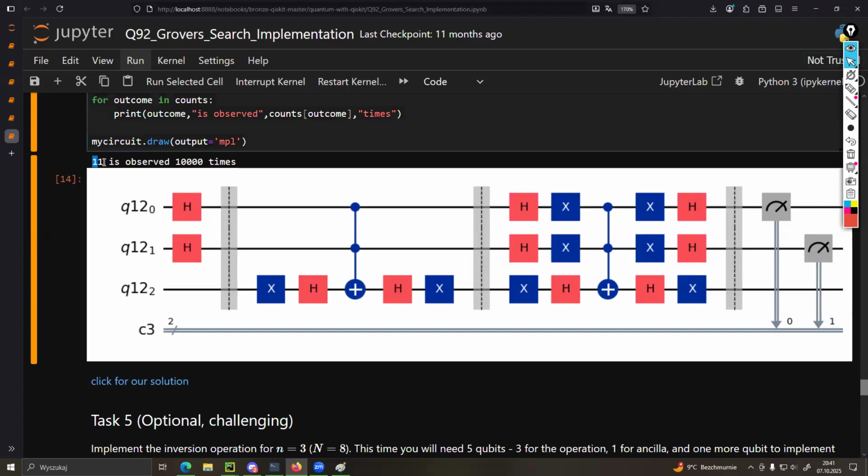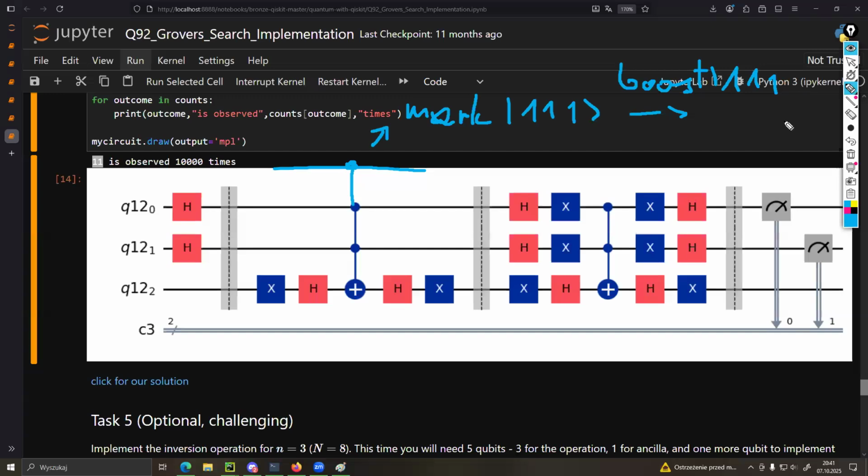when we had this extra qubit and tie it together, it means that we mark 1 1 1. So we boost 1 1 1, right?